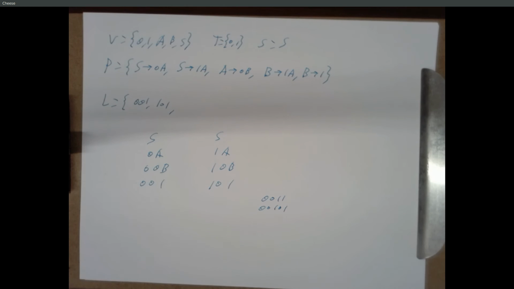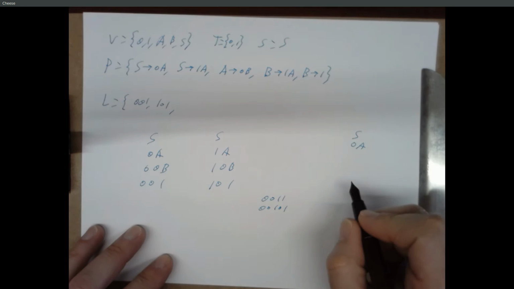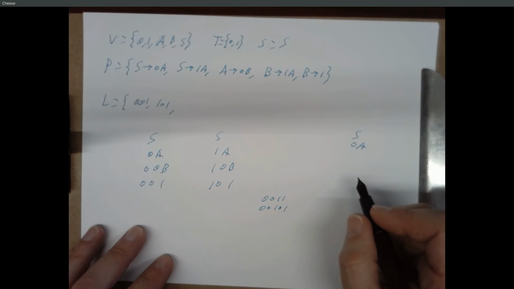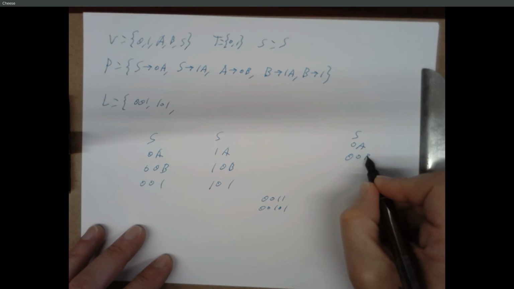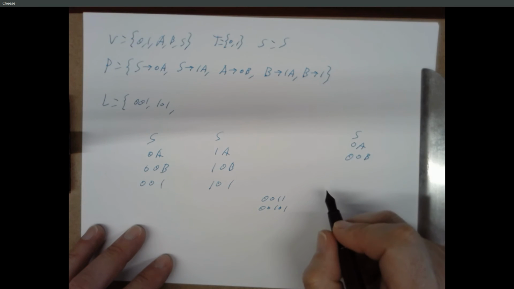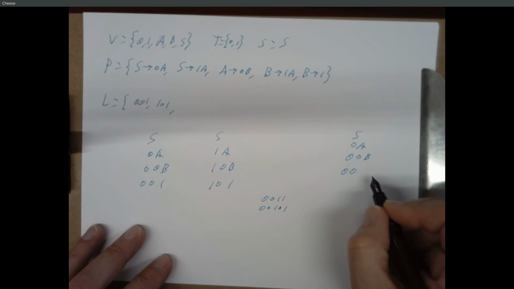Good. I got 0, 0, 1, 1 and 0, 0, 1, 0, 1. How did you get 0, 0, 1, 1? S goes to 0A. 0A goes to 0, 0B. I made a mistake.